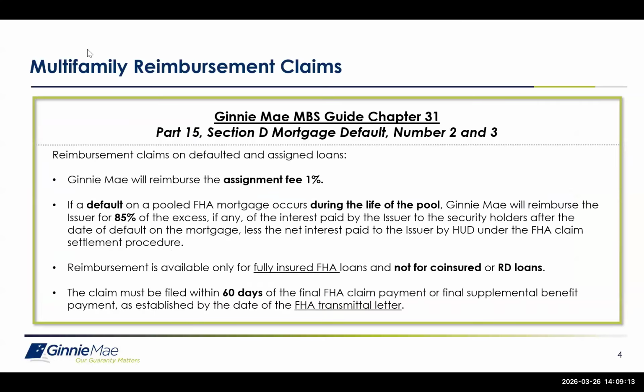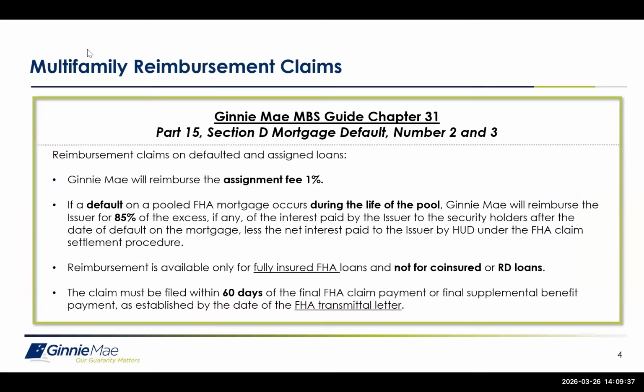So, Ginnie Mae MBS Guide, Chapter 31. It describes the claims for reimbursement process. So what we know is that we have a 1% reimbursement, which essentially is the assignment fee, and it's for loans that have defaulted during the life of the pool.